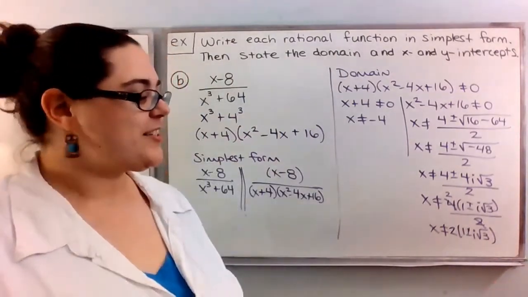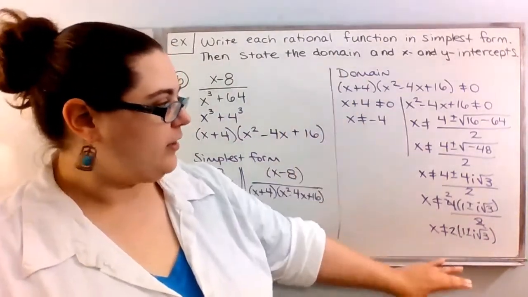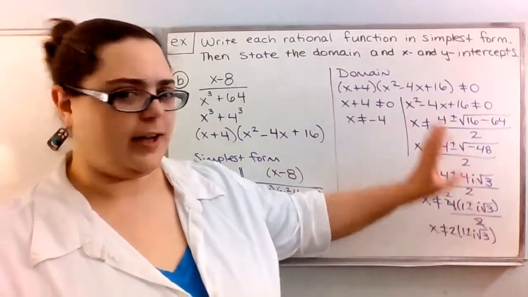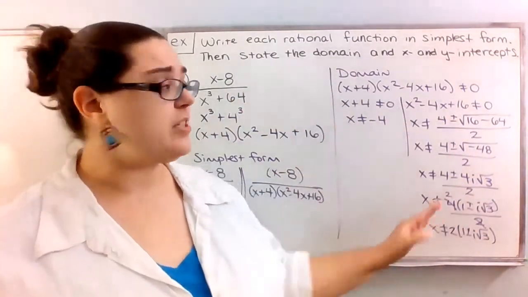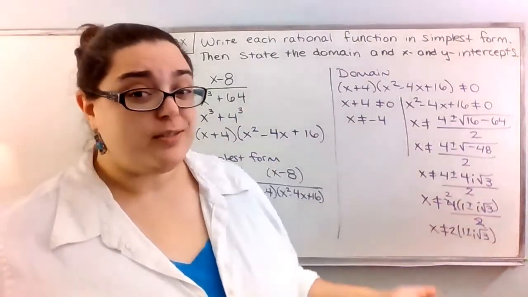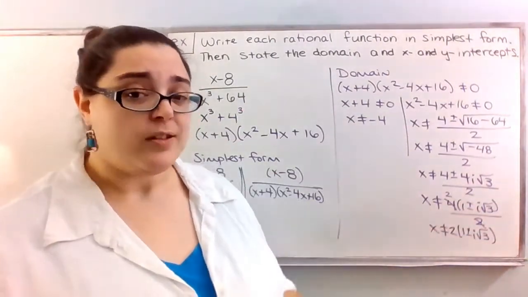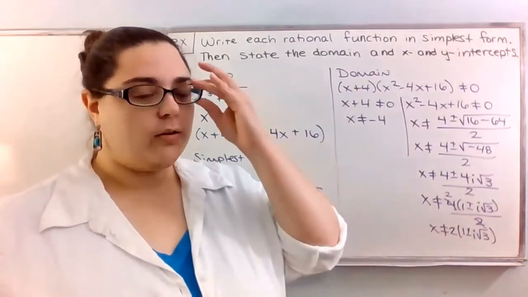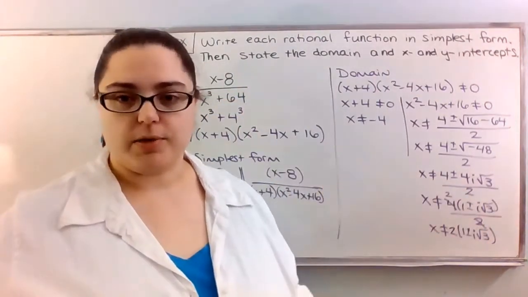Okay, so we found our domain. We used the beautiful quadratic formula. We had complex results. This is a little bit of agony. And the good news is we don't need to put ourselves through that agony. So here's why. For our domain, we're looking for our domain out of real numbers.